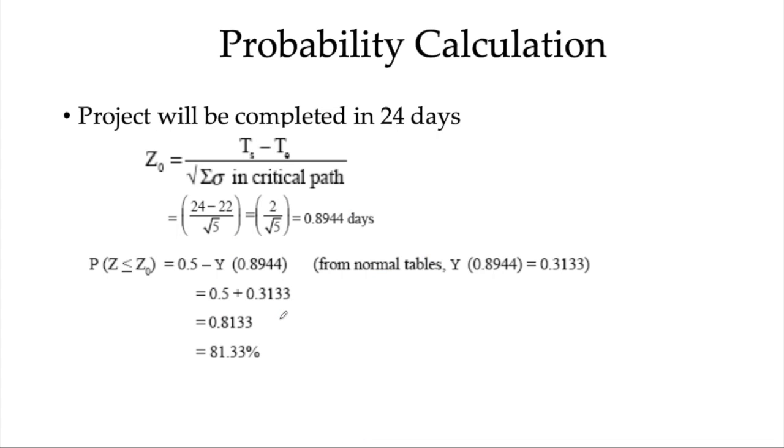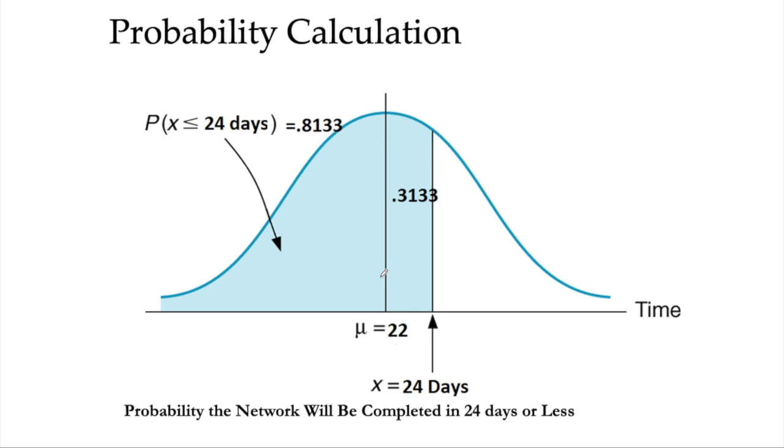Similarly, if we ask another question like, what is the probability that this project will be completed in 24 days? In that case, similarly we can compute. If we compute in this way, the z value we'll get is this one. Now this will be addition, not minus, because this diagram will be something like this. We are moving on this side.